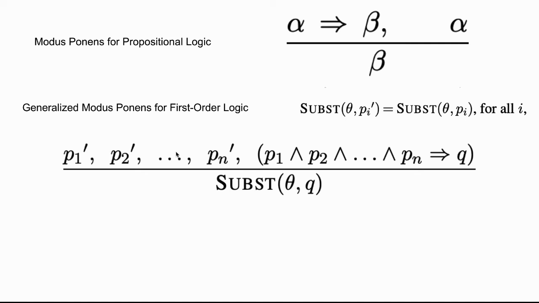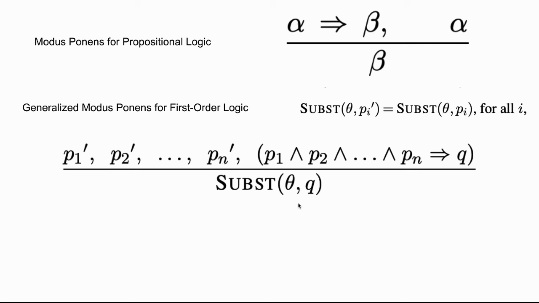Now the generalized version is the following: if p1 prime, p2 prime and so on up to pn prime are known to be true, and we know that p1 and p2 and so on up to pn implies q, then we know that p1 prime and p1 are the same when we make this substitution, p2 prime and p2 are the same when we make the substitution, and we know that all these p1 prime, p2 prime and so on are true.